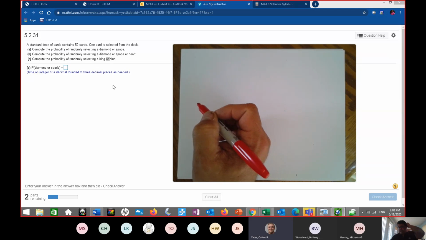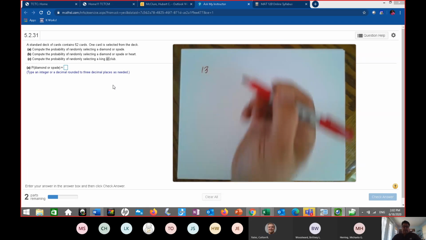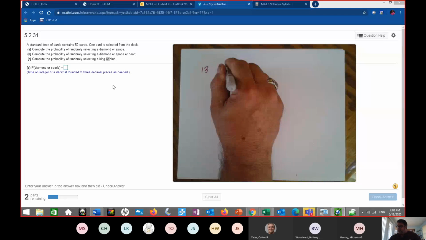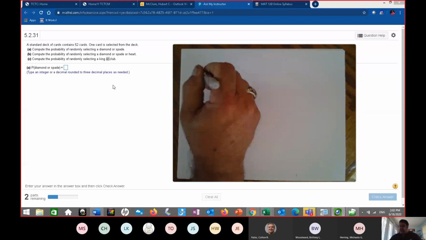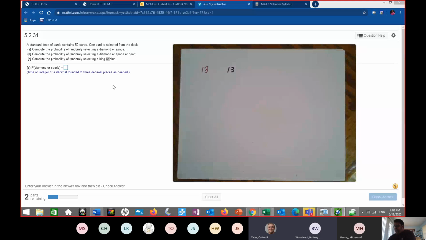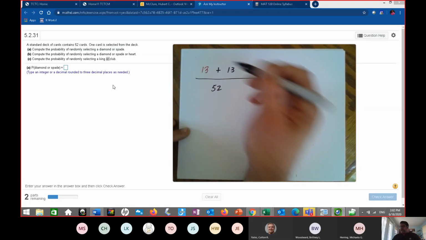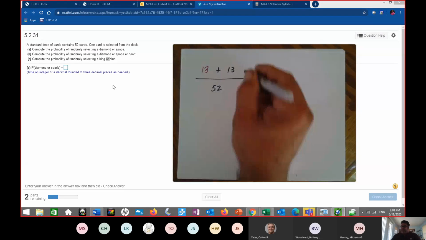Is it 13? There are 13 diamonds. I'll color that red. There are 13 spades in a deck of cards. How many cards are in a deck? 52. Is there any overlap between diamonds and spades? No, they don't overlap at all. So minus 0 on overlap.